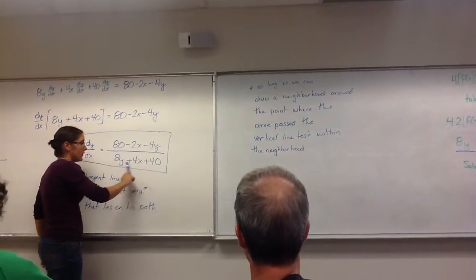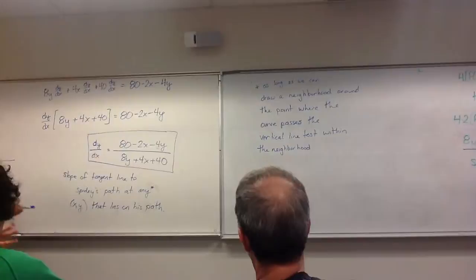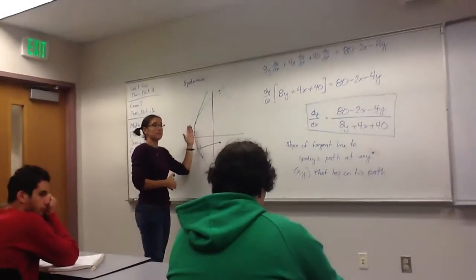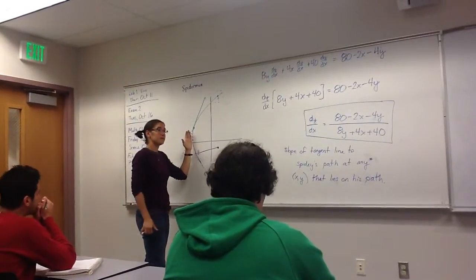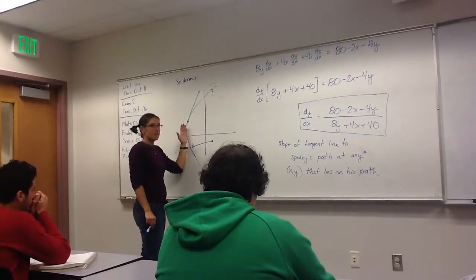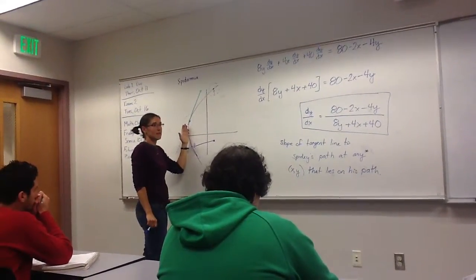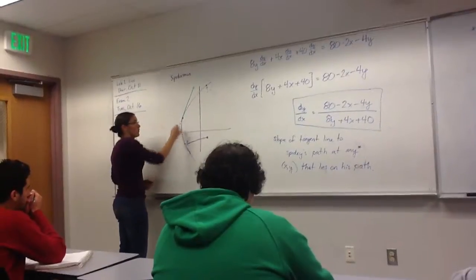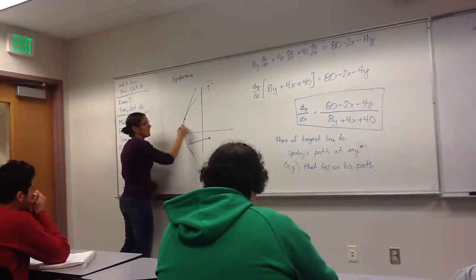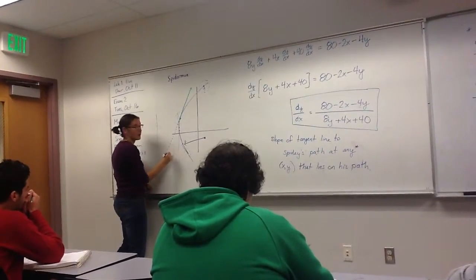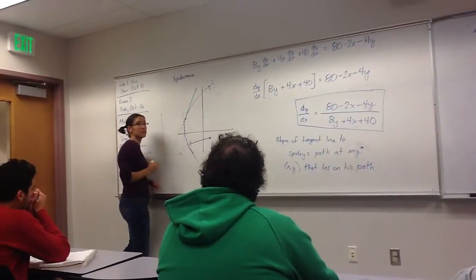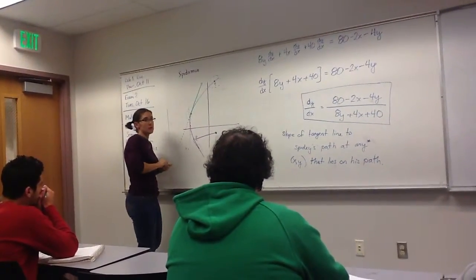If I want to draw a vertical line, then I can't write my vertical line as y equals mx plus b. I have to write it as x equals whatever that x value is. So that's how I would draw that tangent line and write its equation.